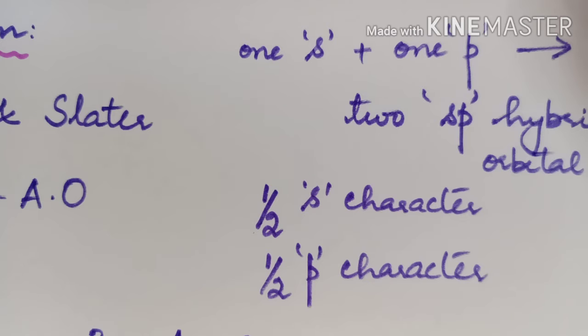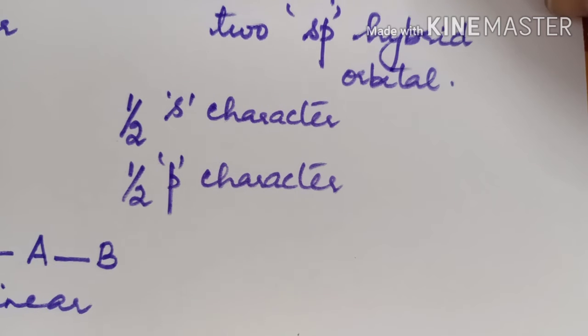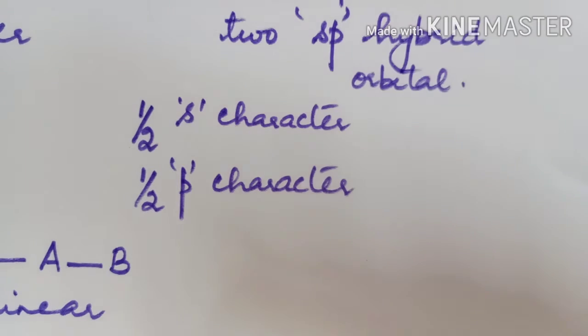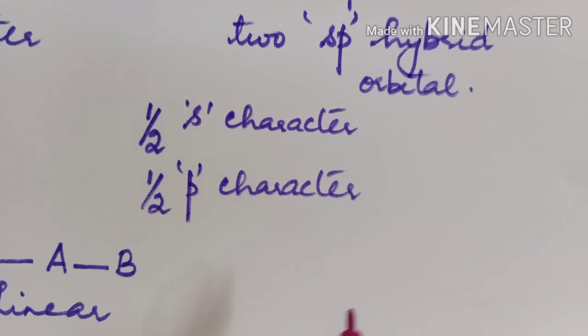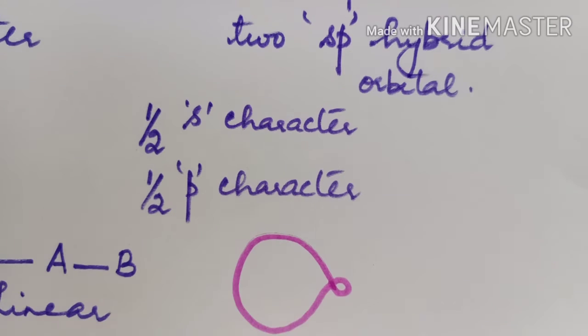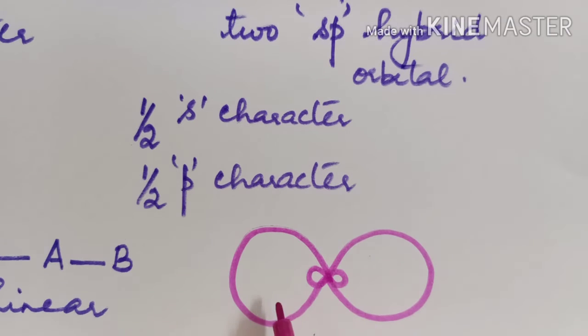We have two unpaired electrons, and you know they will be arranged in space far apart. So the first sp hybrid orbital will be arranged like this, and the second one will be almost opposite to the other one, at an angle of 180 degrees. So this is the hybridized state of beryllium.